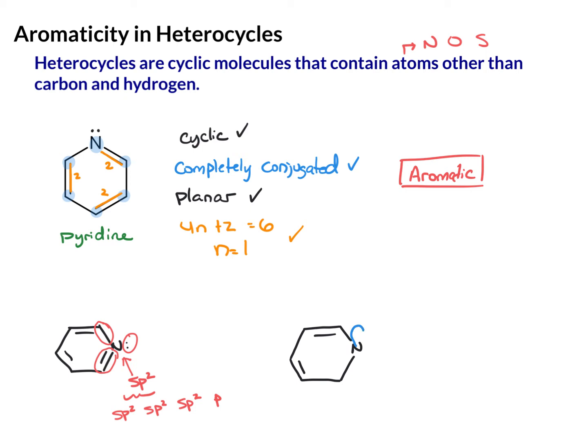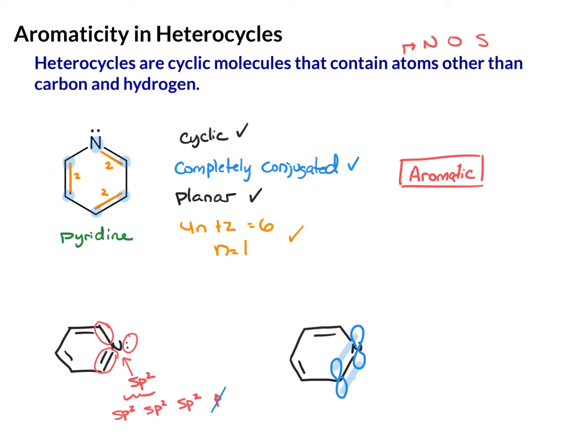So here's a p orbital on the nitrogen, a p orbital on the carbon. That's going to overlap on the top and the bottom to form the pi bond. So that takes care of the p. But we still have the 3 sp2 orbitals. So what are those used for?